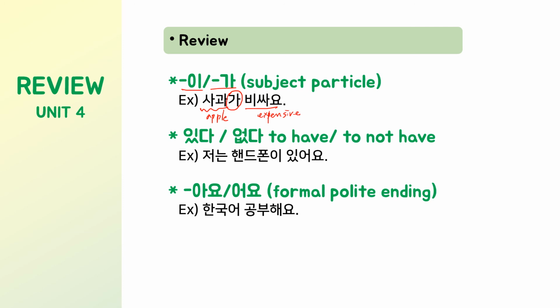In another grammar, 있다, 없다, to have or to not have, or also to show existence, like there is. So 저는 핸드폰이 있어요. 있어요, to have. So I have a cell phone.